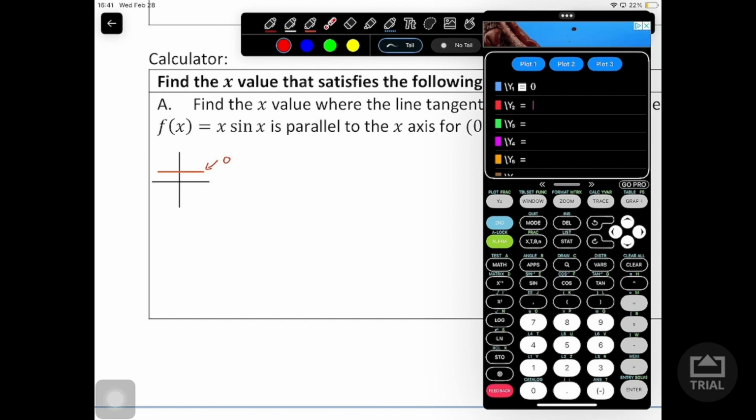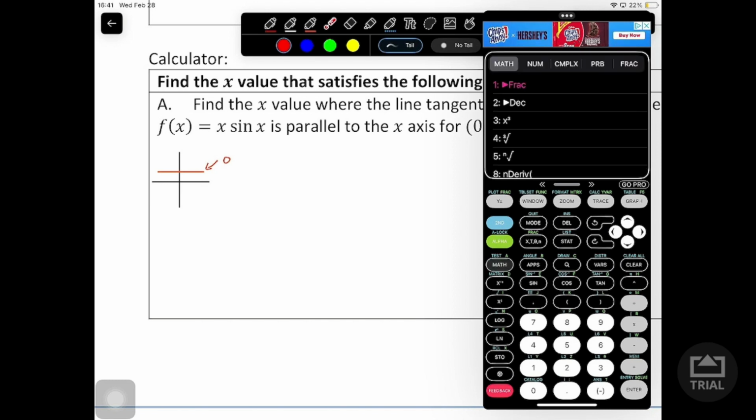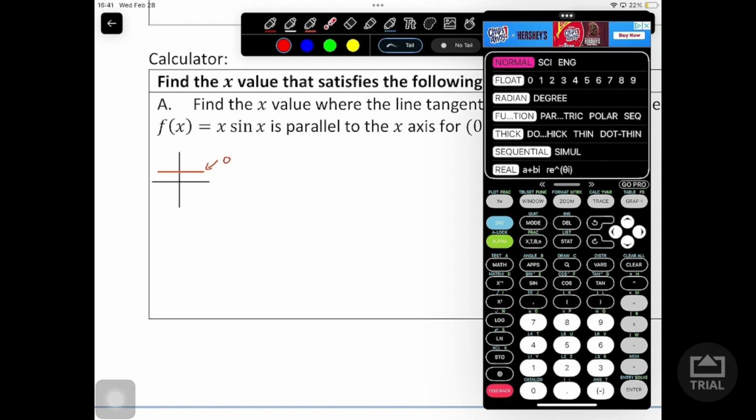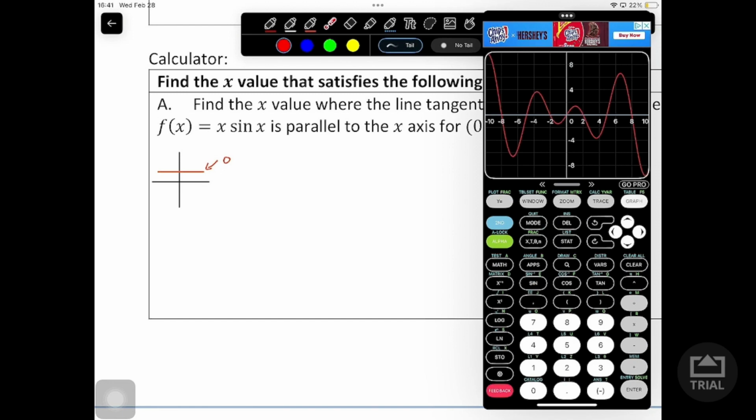I'm putting in my y1 as 0, and my y2 is going to be the derivative of this equation, which is math 8. I'm going to put in x sine x and make sure that the mode is radians. Now I'm going to graph this.